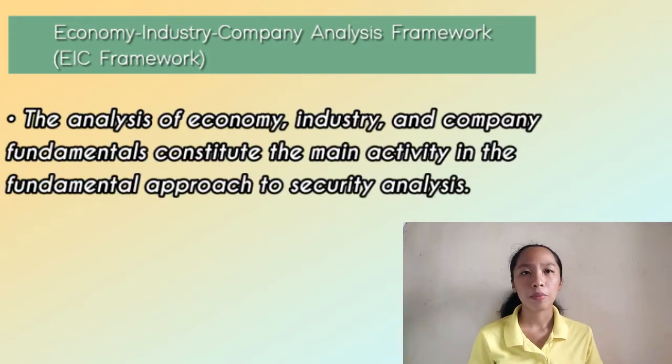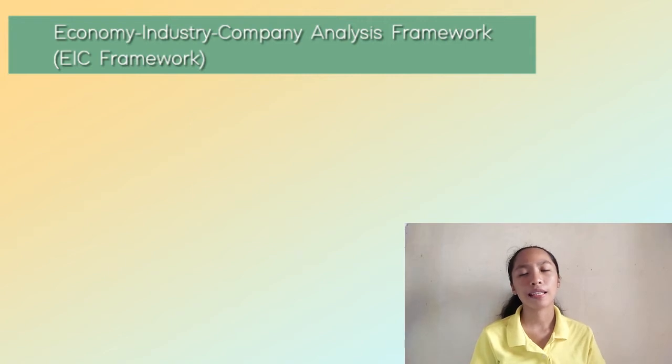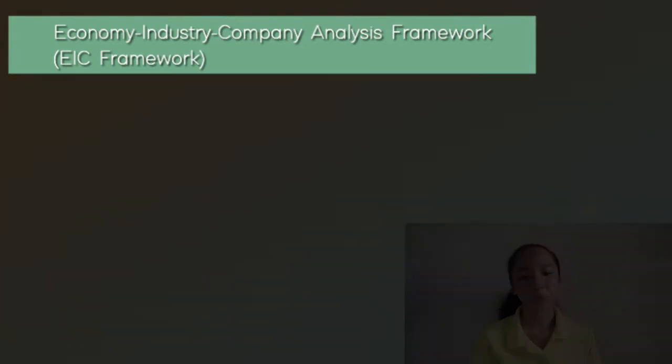The analysis of economy, industry, and company fundamentals constitutes the main activity in the fundamental approach to security analysis. The EIC framework is a three-layer analysis wherein the analysis of economy, industry, and company is carried out.